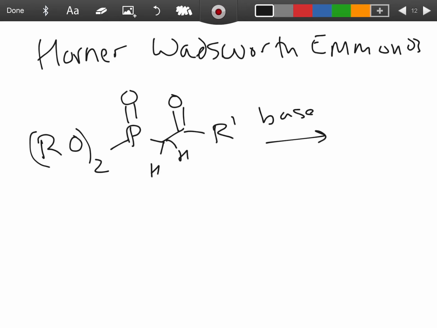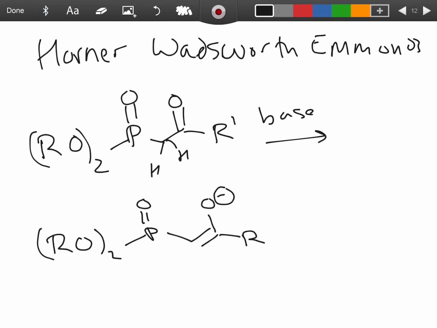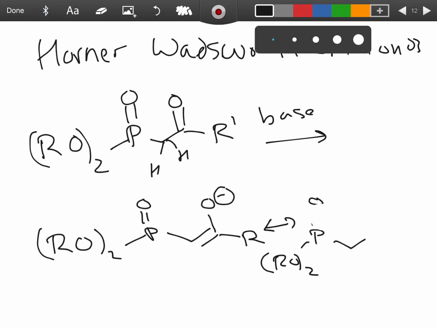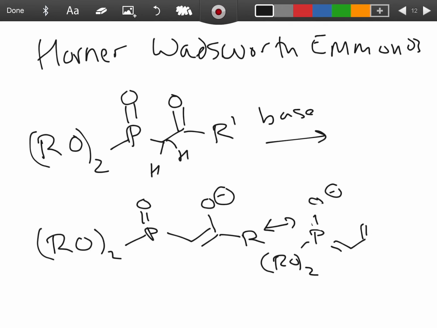So if I treat this with base, I'm going to make an enolate, and this enolate is stabilized, because I can draw another resonance structure where you could see the double bond being over here.